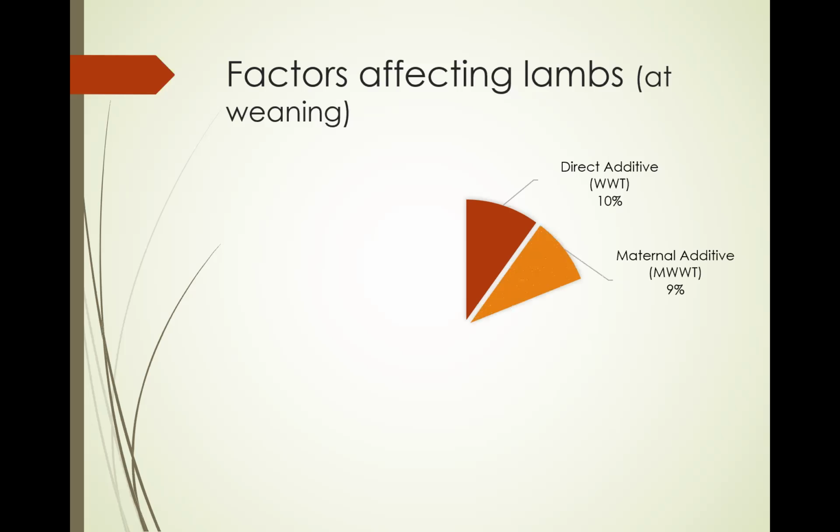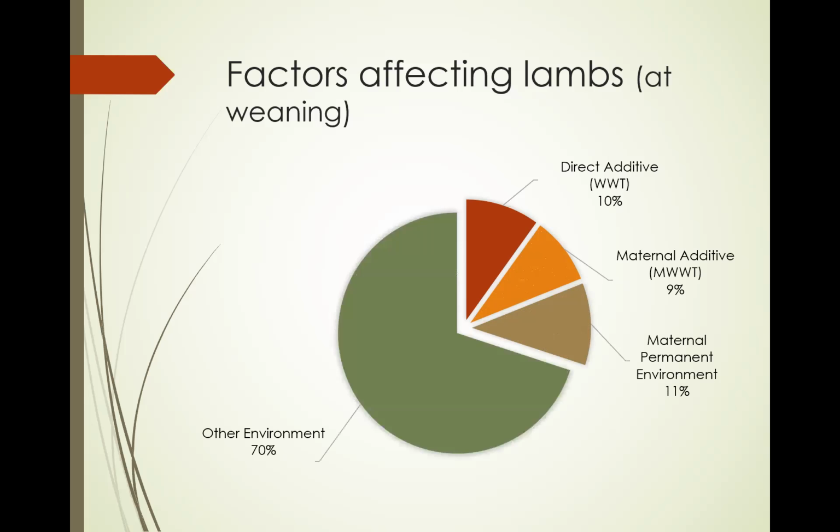The maternal additive effect, well, it's contributing about 9% to what we see in the way a lamb will perform. Those permanent environmental effects from the dam, the maternal permanent environment, that's about 11%. And the rest, 70%, which is a lion's share, is due to everything else that impacts the way that lamb performs.